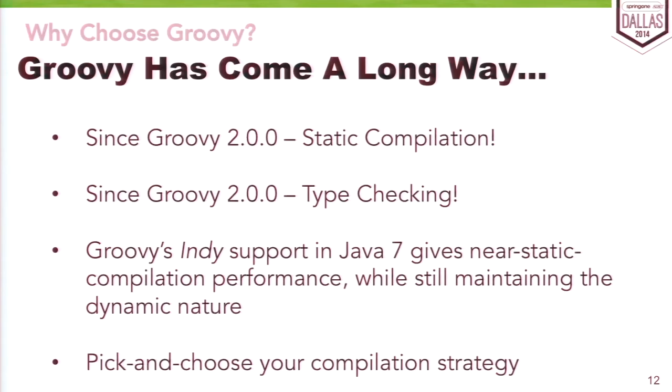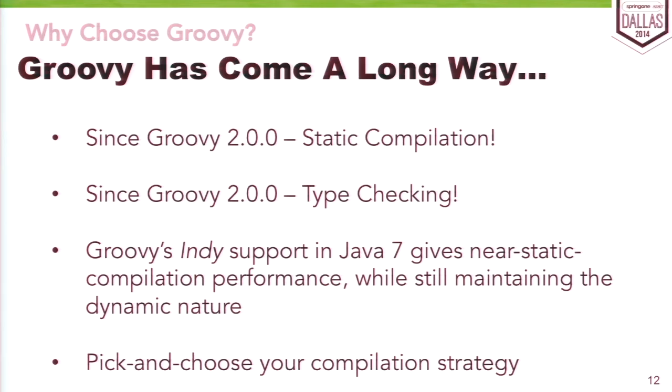The real answer here is that Groovy has really come a long way. Things are much different today than they were 5 years ago or 10 years ago. Some of those early misconceptions about Groovy have percolated through the years, and they're just no longer relevant. A big part of this is that since Groovy 2, we've had the ability to statically compile code.